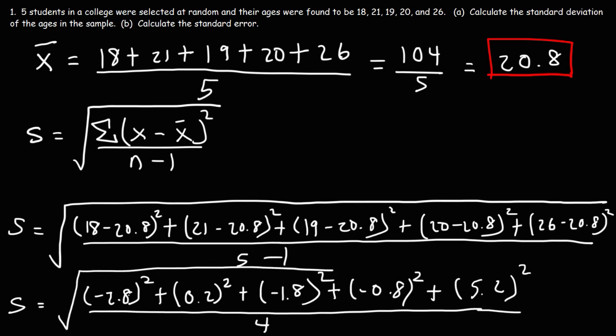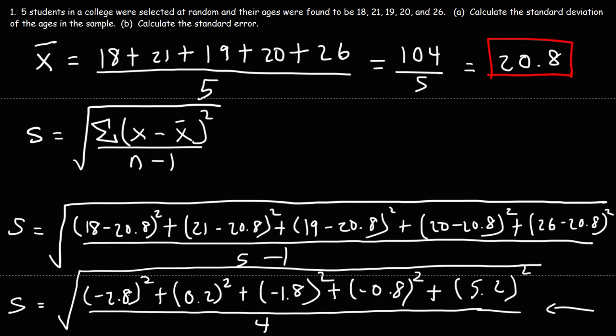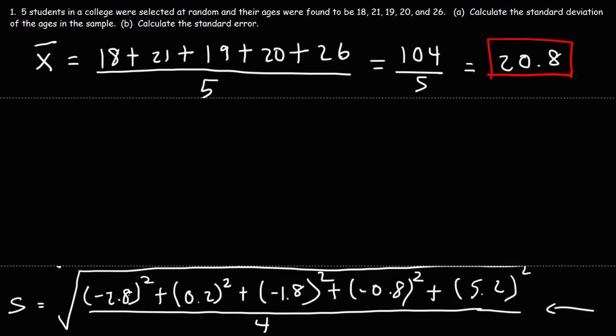At this point, go ahead and plug in everything you see here into your calculator. This is going to take a minute, so you can fast forward the video if you want to.